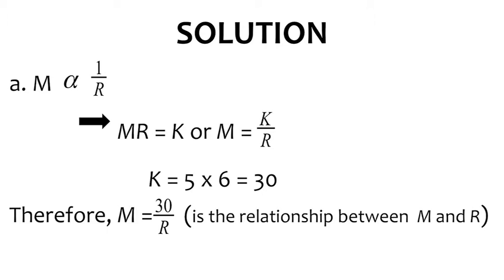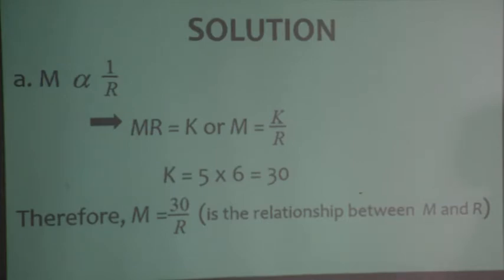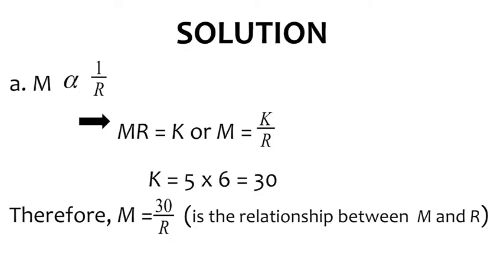Upon substitution, the value of m from the question is given as 5 and r is 6. Now upon substitution, we substitute 5 for m and 6 for r. Then we have k equals 5 times 6, and 5 times 6 equals 30. Now the value of the constant is 30.